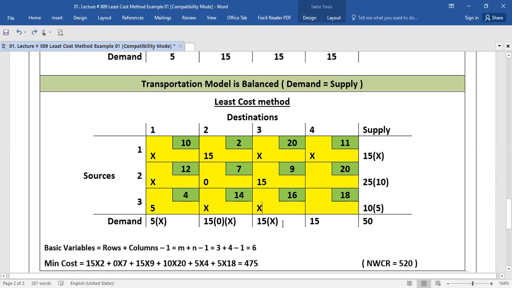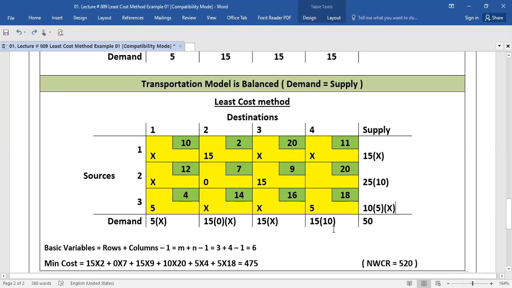Now we move to the next two cells. In which cell do we have the least cost? We have the least cost in this last cell, so we put our next allocation here. The demand is 15 and supply is 5, so we put 5 in this cell. The remaining demand will be 10, and this supply is completely satisfied.